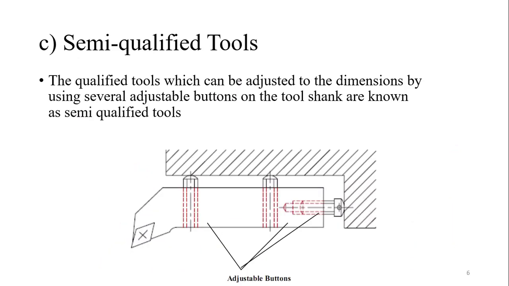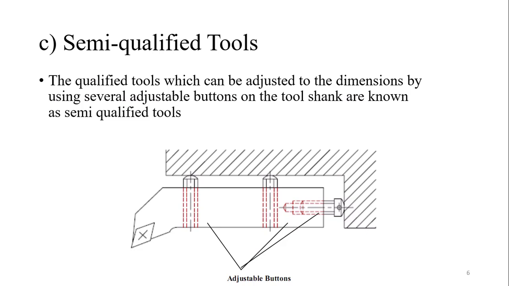Then the third one is semi-qualified tools. Preset tools are completely under manual control, where you have to check each and every parameter of the tool. In qualified tools, you need not check any parameter of the tool, whether it's length, breadth, height or thickness. But semi-qualified tools are in between: they are not fully preset tools and not fully qualified tools.